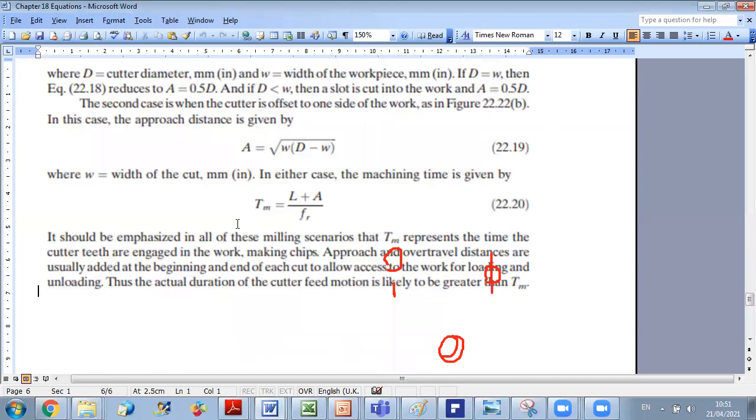Okay, so in all of these milling scenarios, Tm will represent the time the cutter is engaged in the work, making chips. The approach and overtravel distances are usually added at the beginning and end of each cut to allow access to the work for loading and unloading.